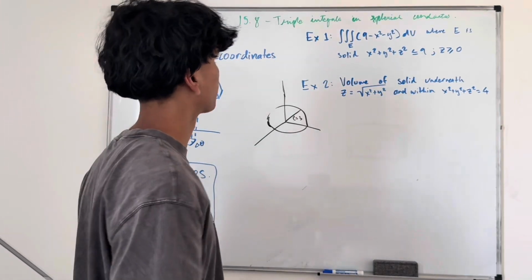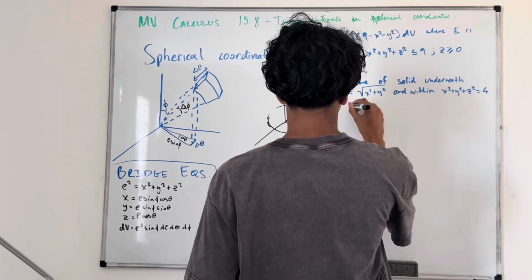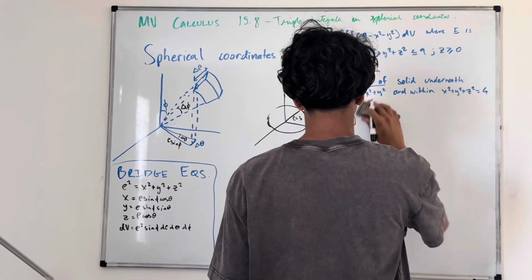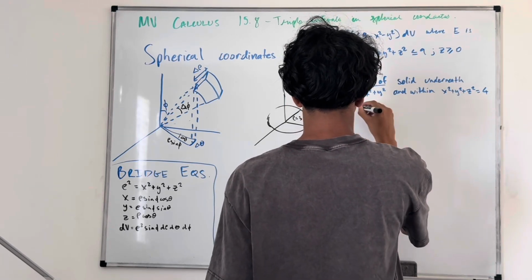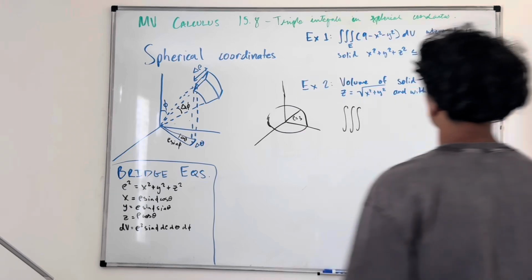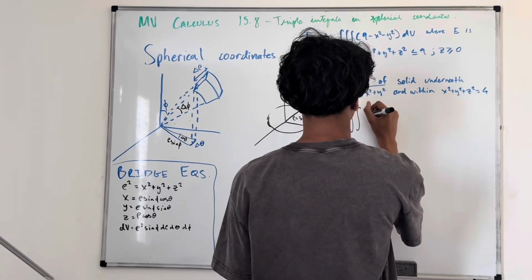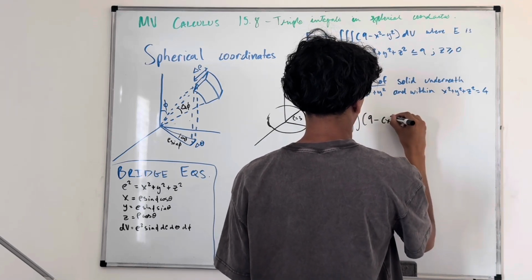So when we're doing our triple integral, let's first change this. One thing you might notice is the function that we're integrating, oh my god, I drew a 9 too early. So if we have this triple integral, we have 9 minus, and I can factor out a negative, x squared plus y squared.